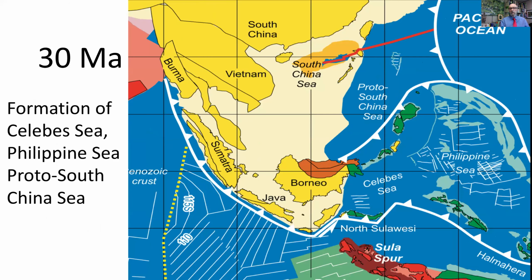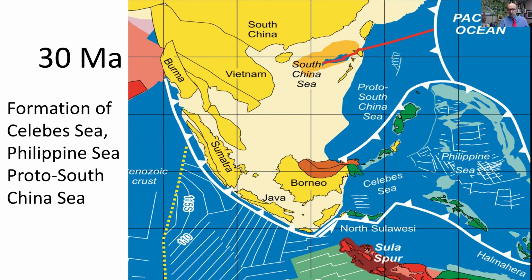By 30 million years, we have a rearrangement of geometry and the beginning of the formation of the Philippines. Northern Sulawesi is already formed, some of the other islands, and there is a curvature taking place in the subduction system of eastern Indonesia. Now, in western Indonesia, you have ongoing subduction beneath Java and Sumatra.